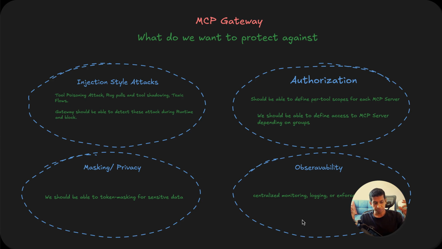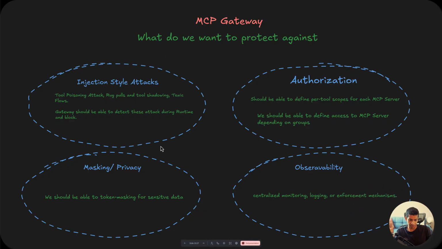The logging has to be granular, to see which tools they called, what the tool description was, and what data was passed, so you can use that during your incidents. Don't worry too much about this. Once we look at the MCP gateway architecture and see it in action, these will become much clearer.